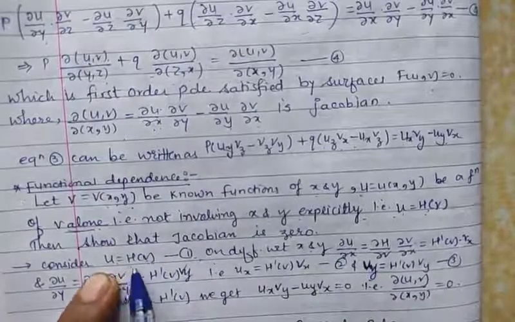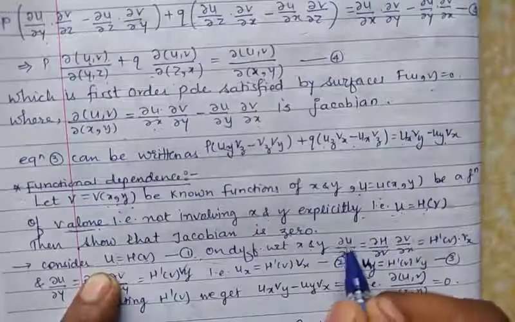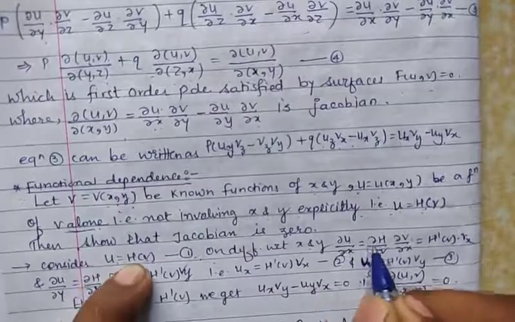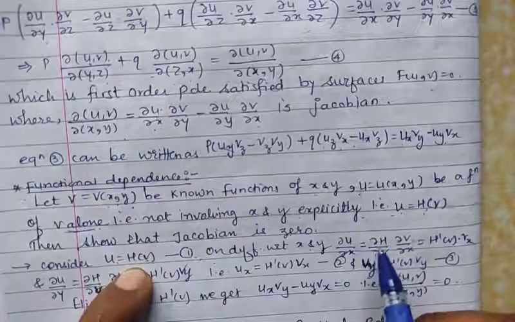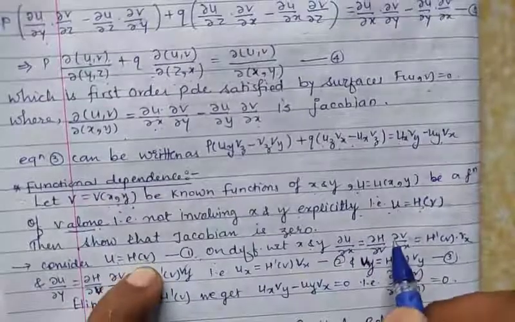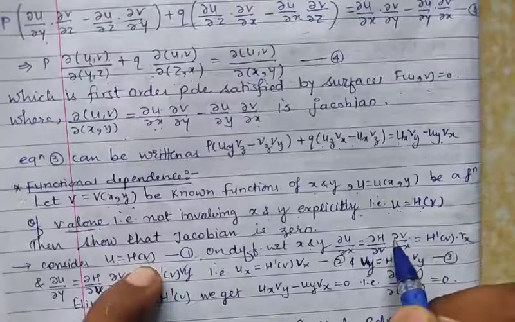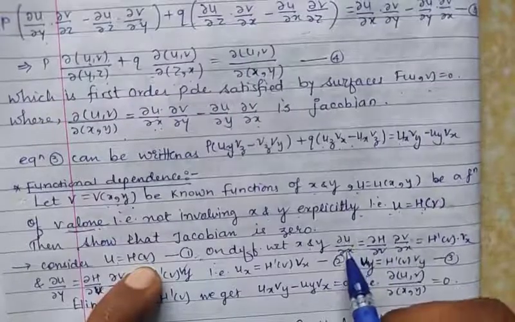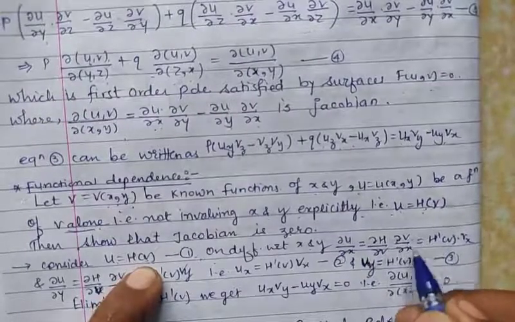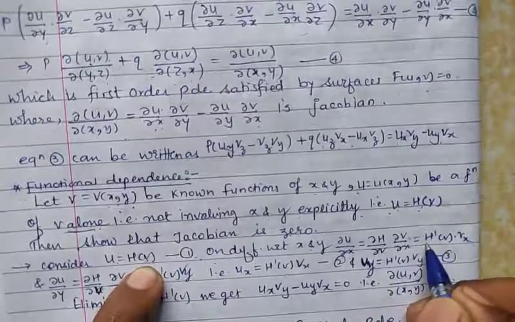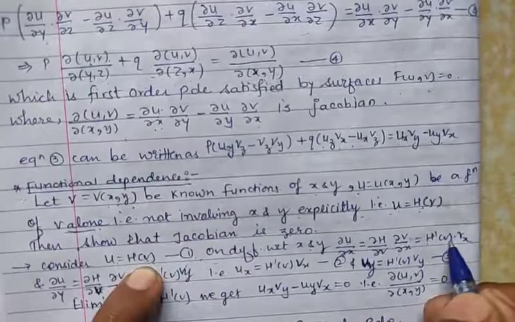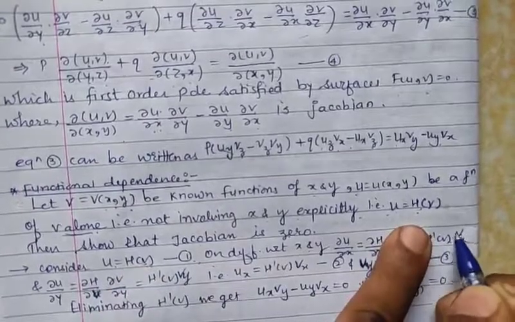Now differentiate with respect to x first. Then we get ∂u/∂x is equal to ∂h/∂v, because h is a function of v, into, by using the chain rule, v is a function of x and y, so we differentiate with respect to x, we get ∂v/∂x. So the derivative of h with respect to v can be written as h dash of v, and this is vx.